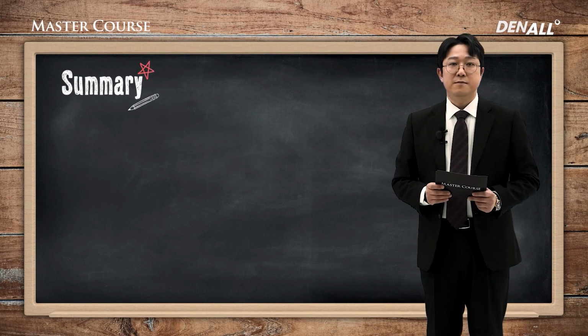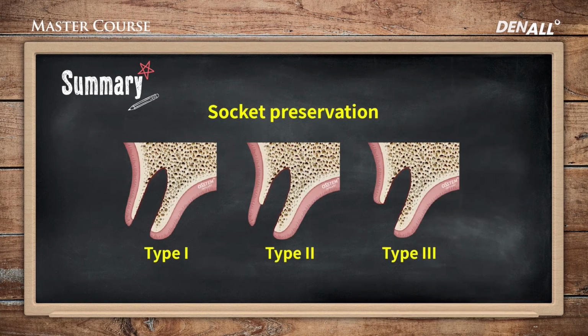Let's summarize. Ilian's extraction classification can be divided into type 1 sound socket, type 2 bone resorption, and type 3 socket with both bone and soft tissue resorption. Depending on the classification, I talked about how to come up with implant treatment plans.